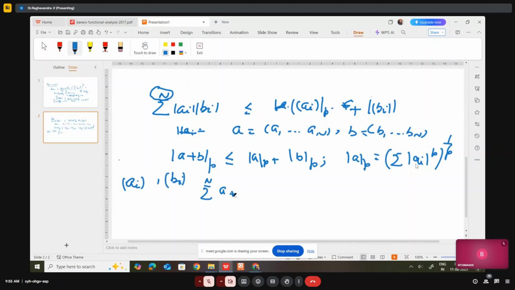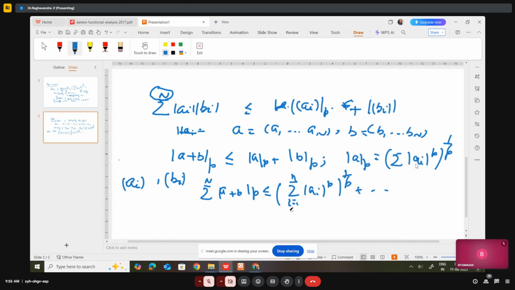Norm of a plus b will be less than or equal to summation i equal to 1 to n mod ai raised to p, raised to 1 by p, plus a similar term.